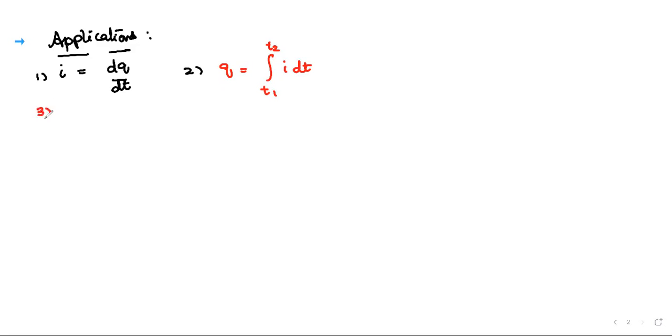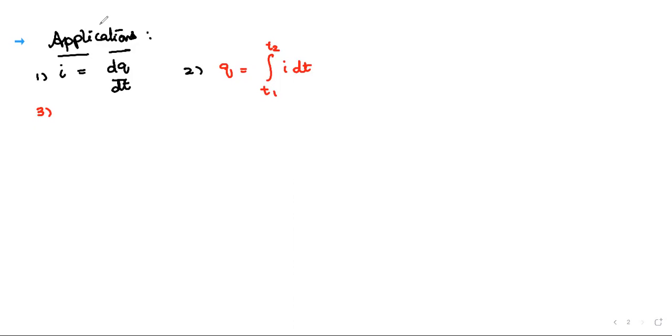Third model: if I take a graph between Q and t, I is the slope. If I take a graph between I and t, it is multiplication, and multiplication means area. So integration in graphs is used to find the area, and differentiation is used to find the slope. That you already know in math in first year.